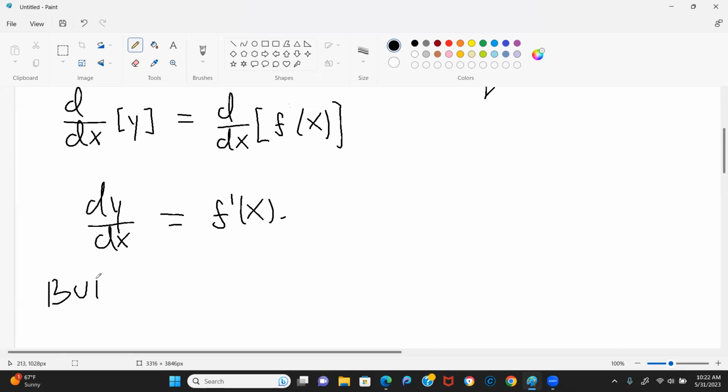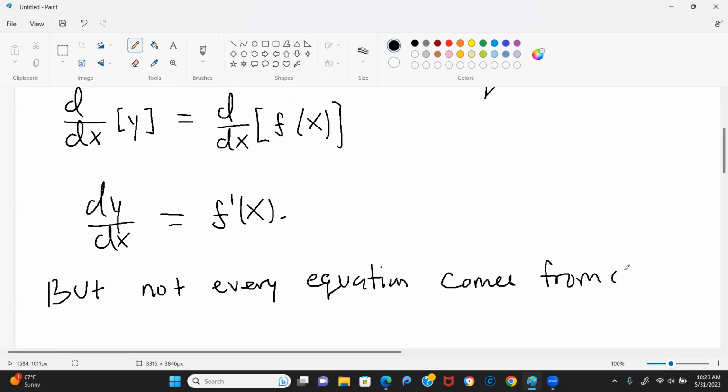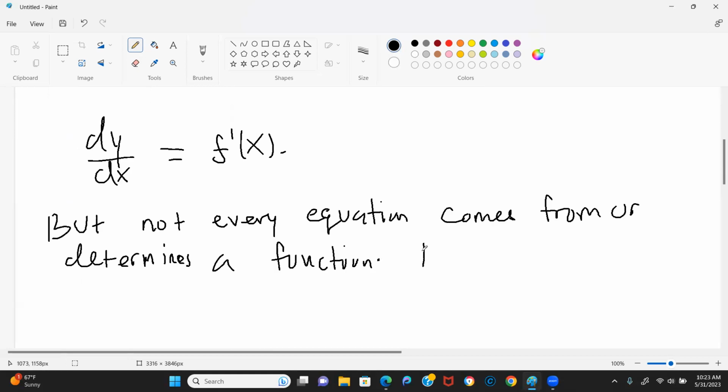But as I said, not every equation comes from or determines a function. There are some equations that don't correspond to functions. So for example, we have the equation x squared plus y squared equals 1.